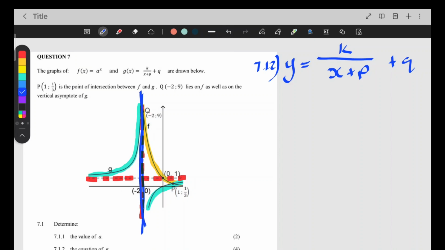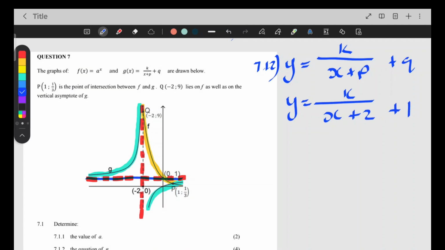So on this line, x is negative 2. So I'm going to first sub in k over x. If the asymptote is negative 2, then this is plus 2. Okay? Then do you see this horizontal asymptote? On that line, there's a 0 and a 1. So that 0 and 1 is on that line. So that means on this line, the y value is always 1. So then this is plus 1. So there I filled in my asymptotes.